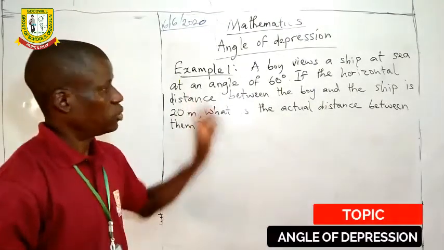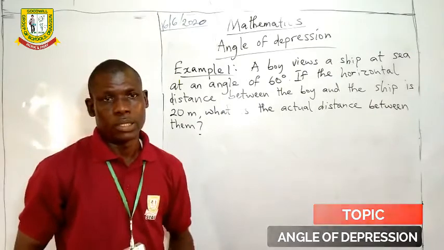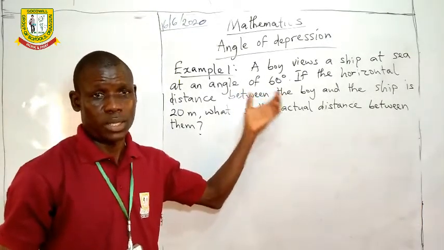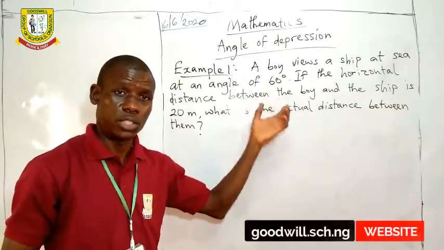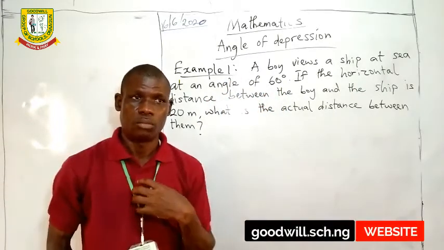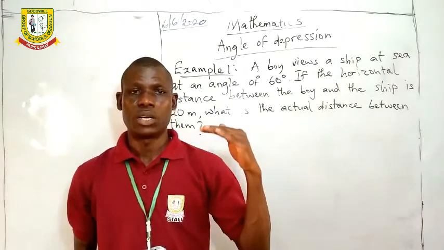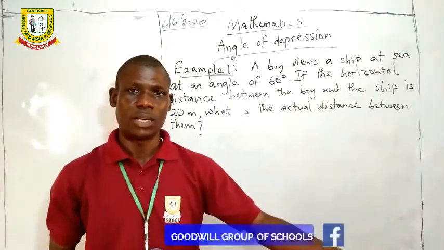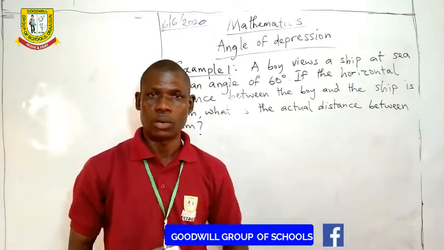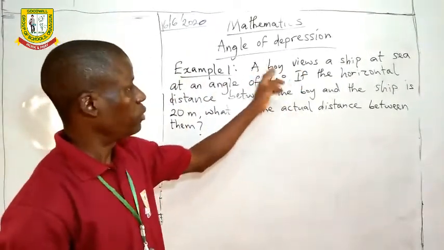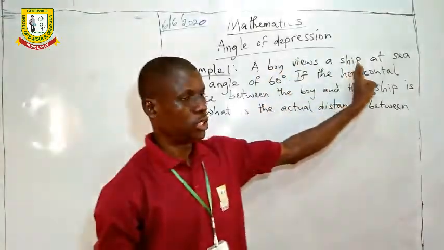Now, from this question, it has not been indicated whether we are looking at angle of elevation or depression, but by you remembering that once the object you are looking at is below your eye level, that should be angle of depression. So once you see the question, the boy views the ship at sea.